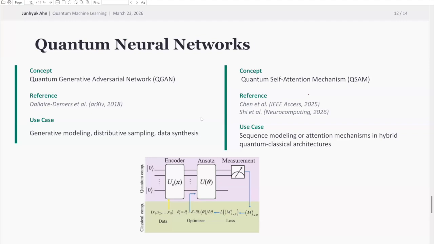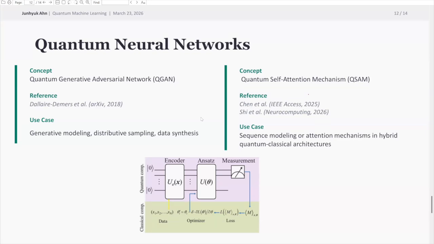So QGAN is used to generate a distribution of quantum states, which is in turn used for state preparation of quantum amplitude estimation. And also attention models, which are the core models of large language models, are also being implemented into quantum neural networks.